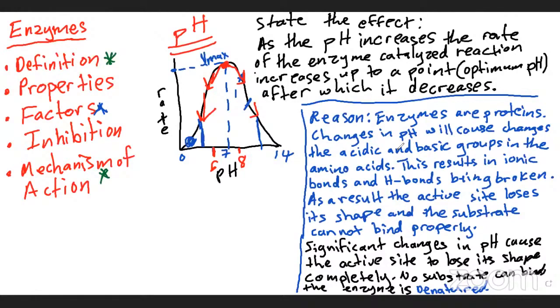It doesn't matter whether you increase it or decrease it, any form of change in pH changes the enzyme and the rate is going to change. The significant change is what will cause it to be denatured. If it is not significant, it will not be denatured. It will just work slower. All right, so that is it for pH.